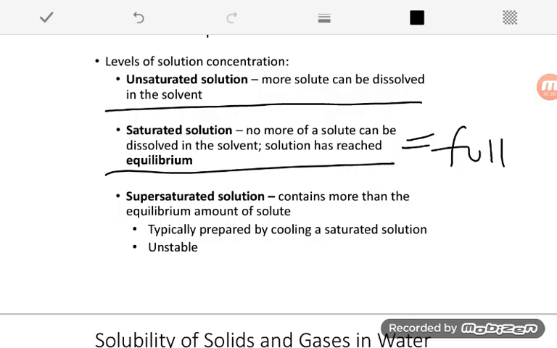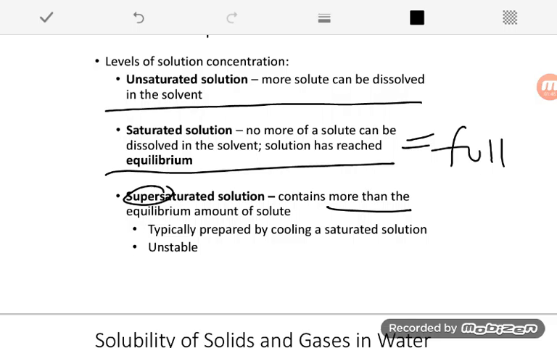Then you have what's called supersaturated. And supersaturated means that you've put in too much. This is more than you're actually supposed to be able to dissolve. And so of course you say, but saturated was the maximum. How could we put in any more? So we typically do this by kind of tricking the solvent.